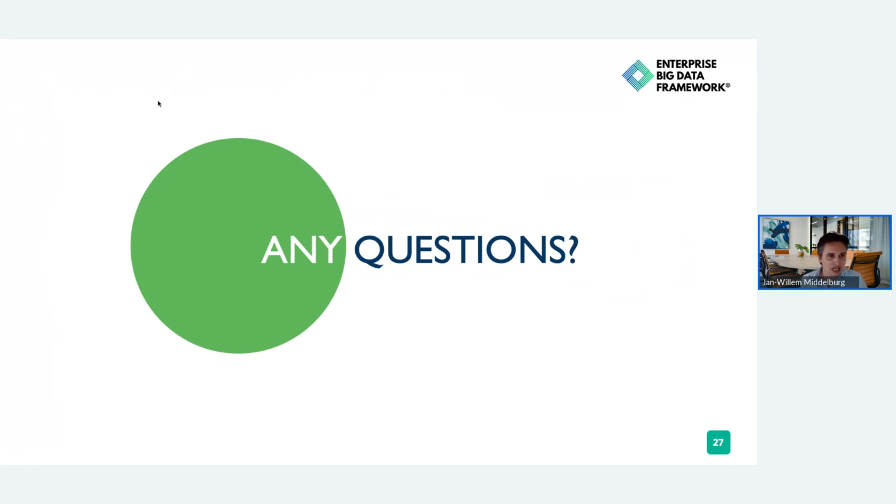Second question is, any tips on where I can find other data sets? There's a lot of very good open data sets available. You can look at opendata.gov, which is the US government data sets. Data.gov.uk is open data sets from the United Kingdom.